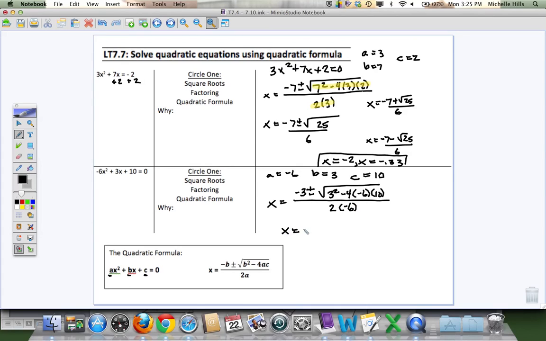So x equals negative 3 plus or minus the square root of, if I take 3 squared minus 4 times negative 6 times 10, I get 249. And then over 2 times negative 6 is negative 12.